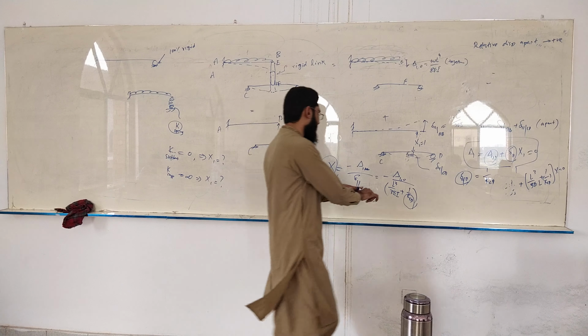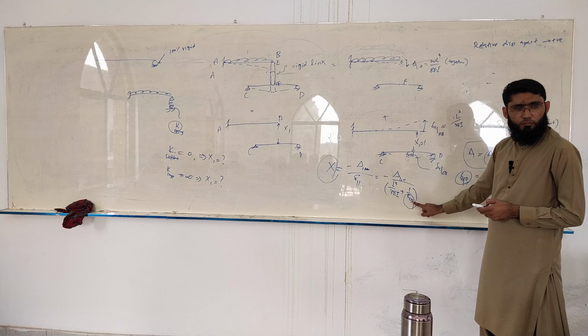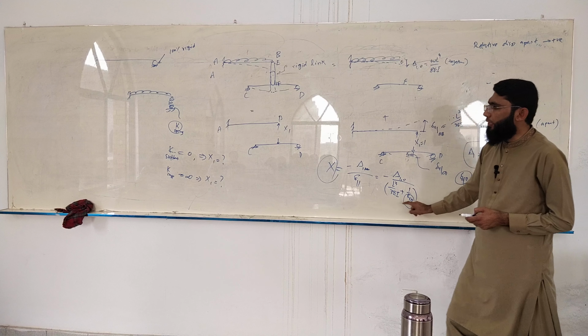If you put 0 over here, it becomes 1 over infinity. What does that mean?